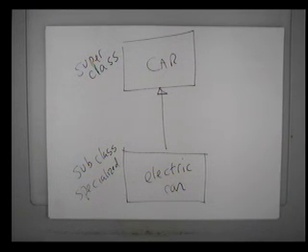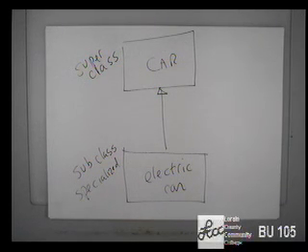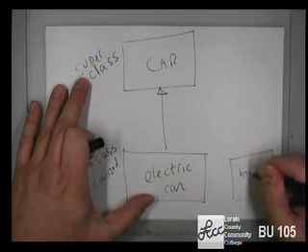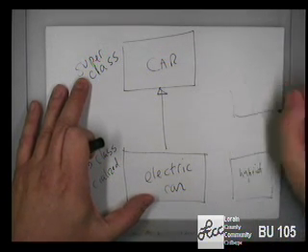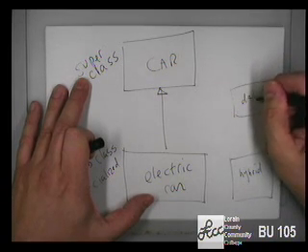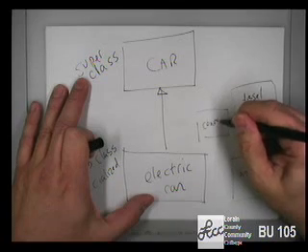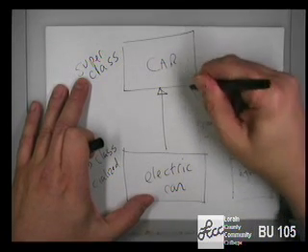There are more cars than electric cars. So anything that's an electric car is also a car. But anything that's a car is not necessarily an electric car. So there could be hybrids, diesel, convertible, and so on.